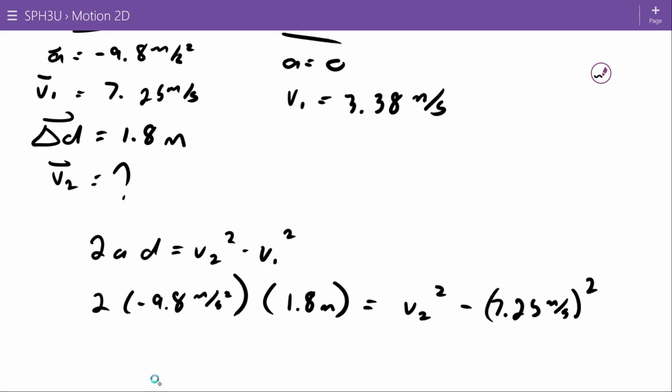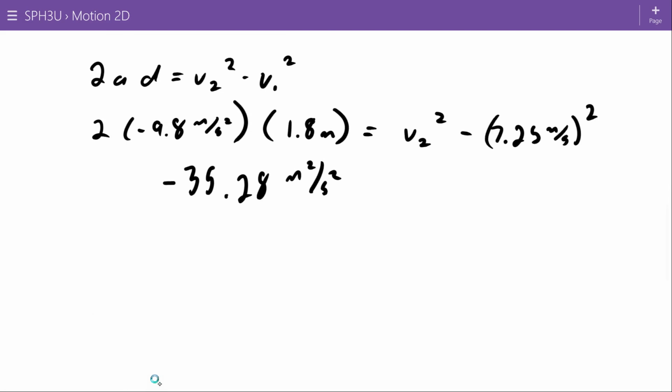So 2 times 9.8 times 1.8 is going to give me 35.28 meters squared per second squared, and that's a negative. 7.25 squared is 52.56 meters squared per second squared.